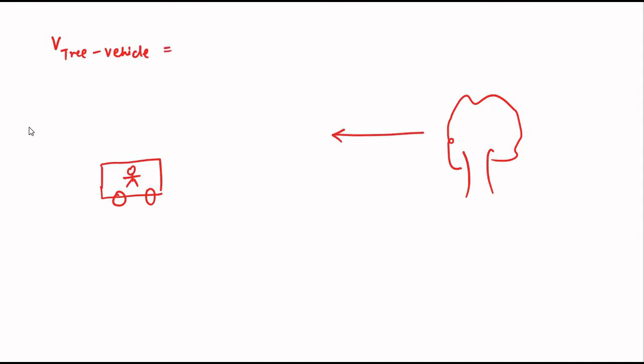This is that part, velocity of the tree minus velocity of the vehicle. So here the velocity of the tree is 0 meter per second, velocity of the vehicle is 5 meter per second. This will be minus 5 meter per second.